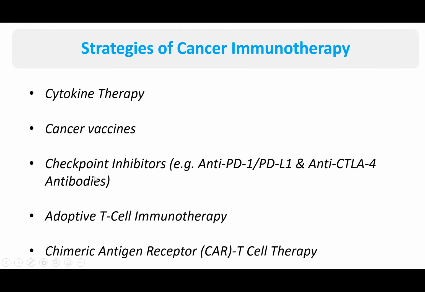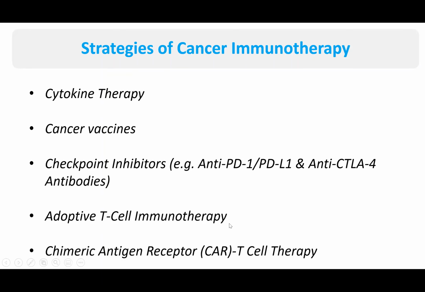Or we can use checkpoint inhibitors, and here is the main cornerstone of our talk. Checkpoint inhibitors are antibodies that block inhibitory receptors like PD-1 or CTLA-4 expressed by T cells, and reverse the T cells from an inactive or suppressed state to an active or stimulated state.